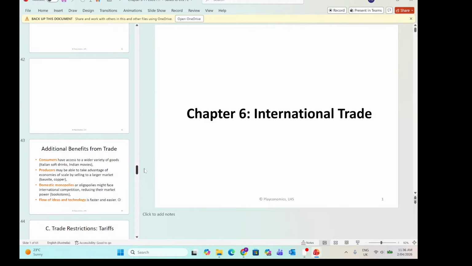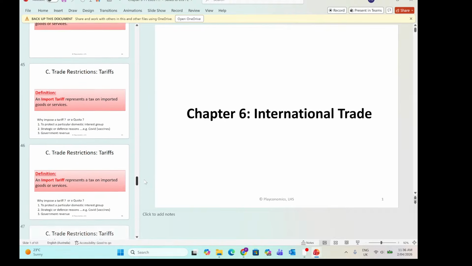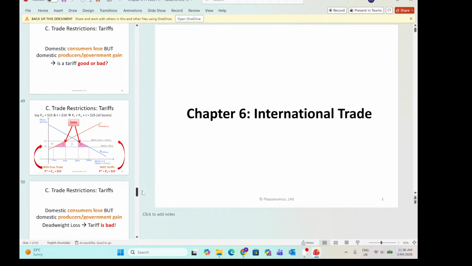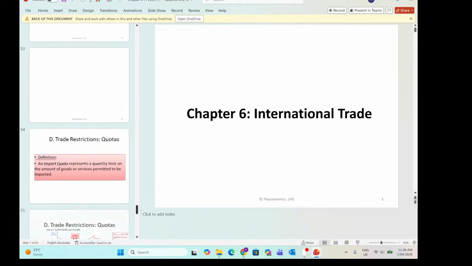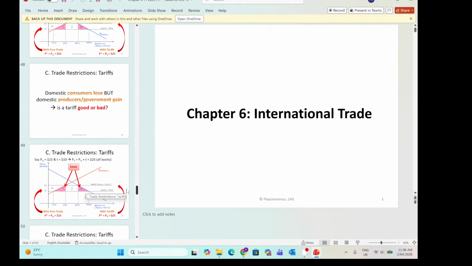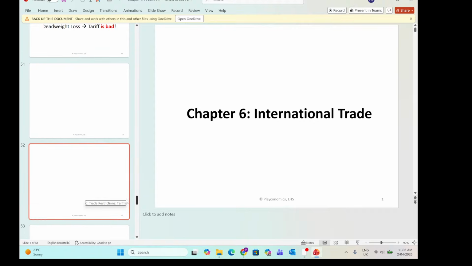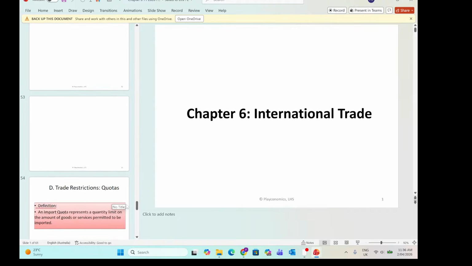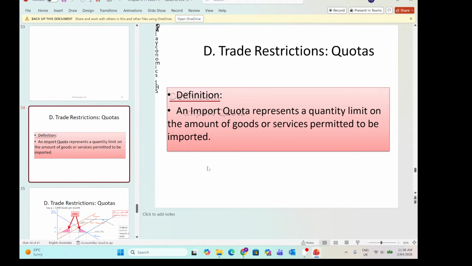And today we're doing quotas. Okay, so quotas. This is our topic for today. We're finishing off where we got to the other day. So I'll just talk to you briefly about quotas. We can see that a quota is a quantity limit on what we're allowed to import.